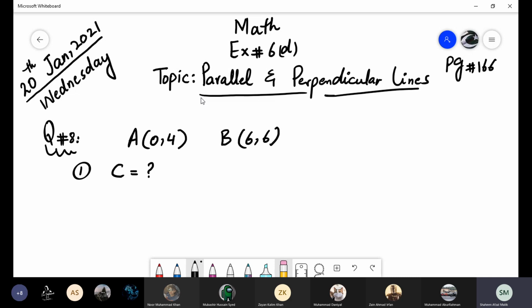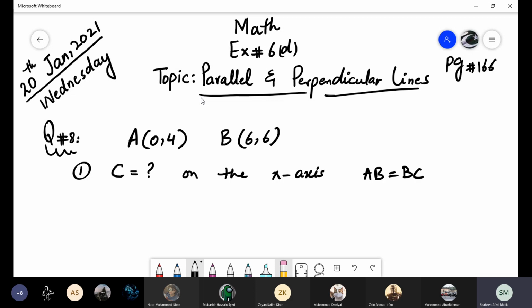Where is the point C? On the x-axis, such that AB is equal to BC.